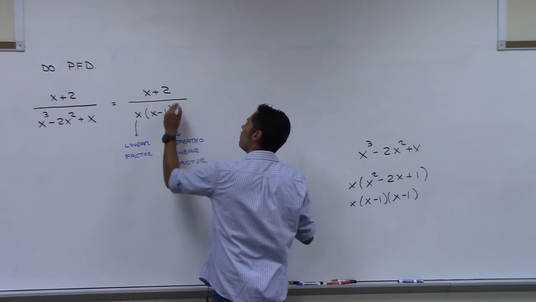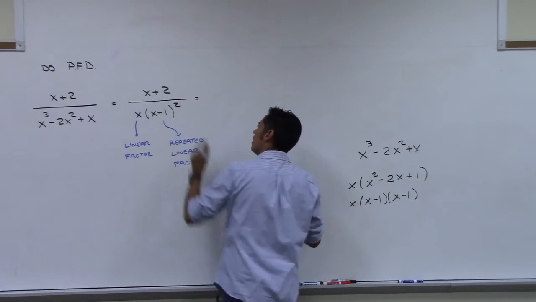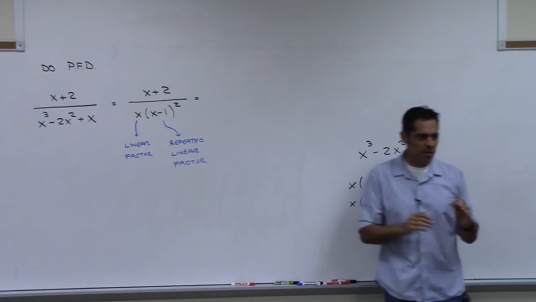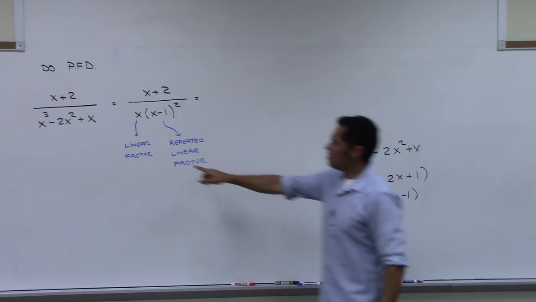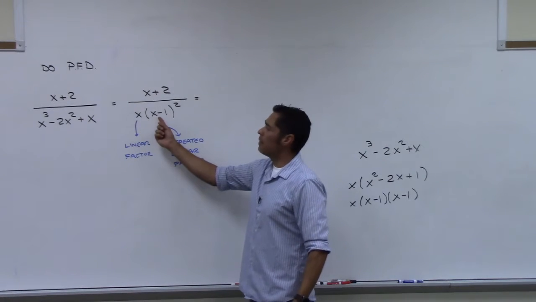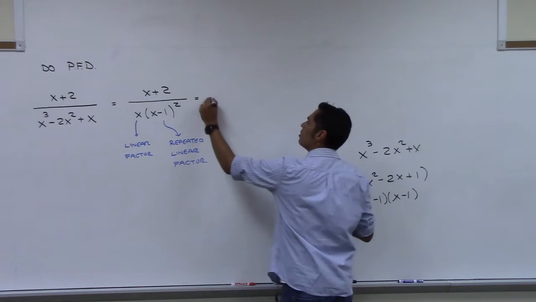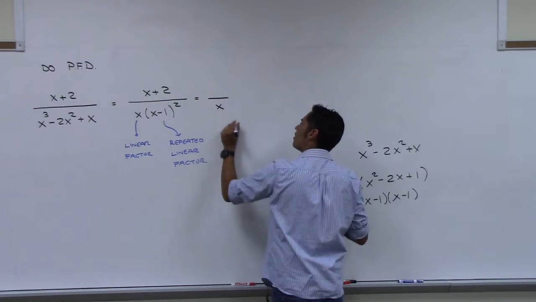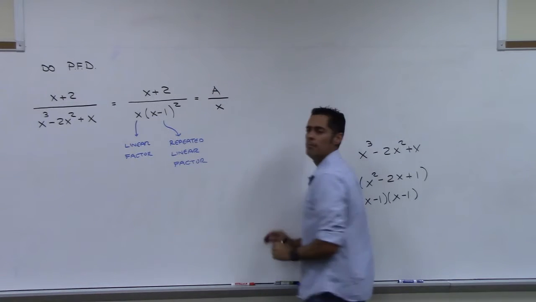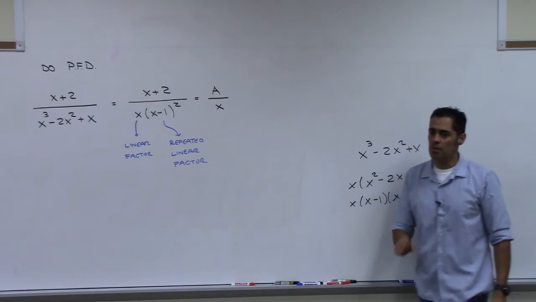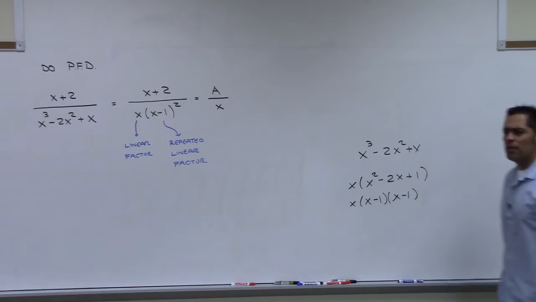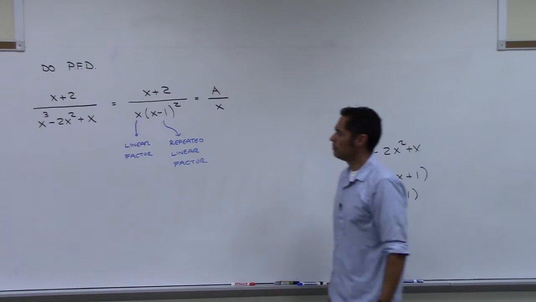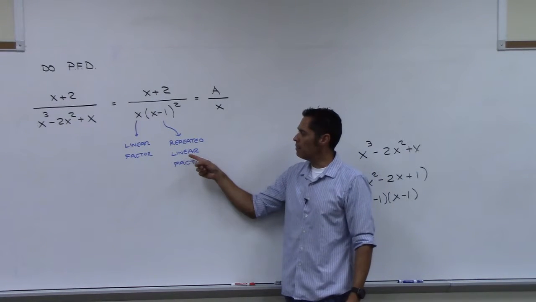What we do, don't worry, when I do enough of these, you'll start to catch on to what you do at this step. Well, this one is a linear factor, right? And it's different from this one. So I will put an x here and some number on top. I don't know what that number is. Then I've got this weird repeated linear factor. How many times is it repeated, by the way?